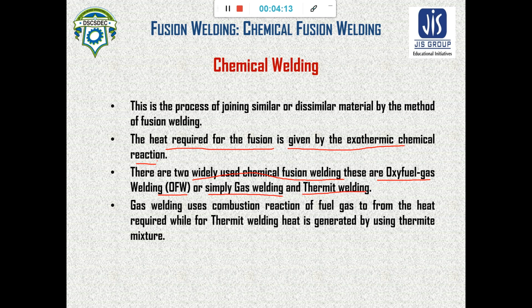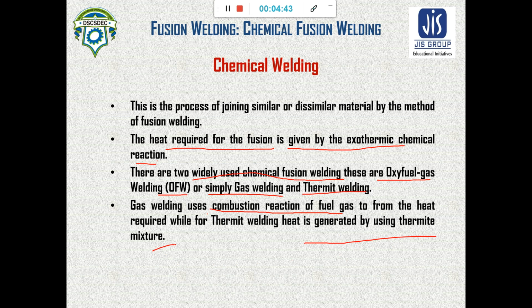In gas welding, the combustion reaction, meaning the burning of fuel gas, is used to release the required heat. But in thermite welding, heat is generated by using a thermite mixture.